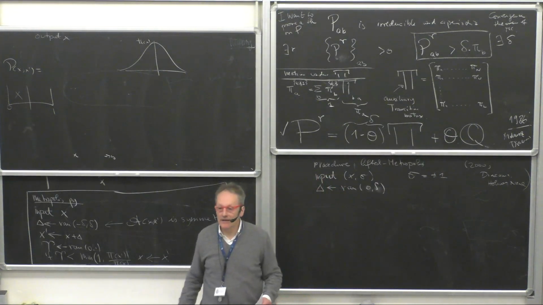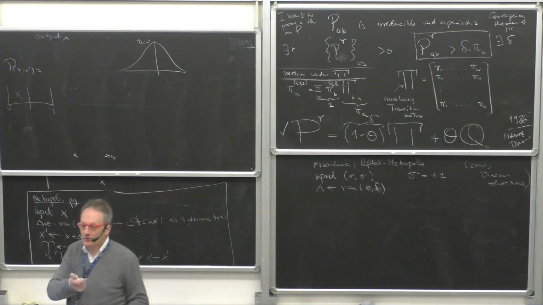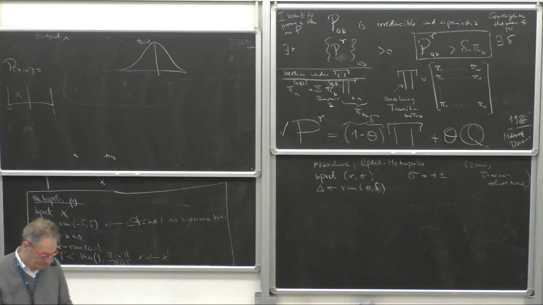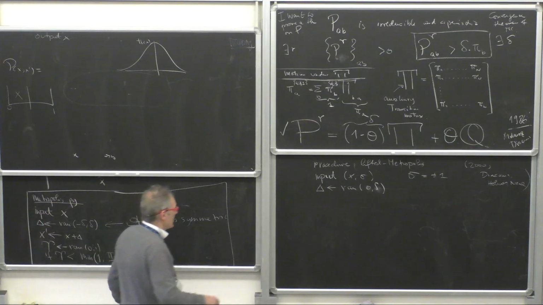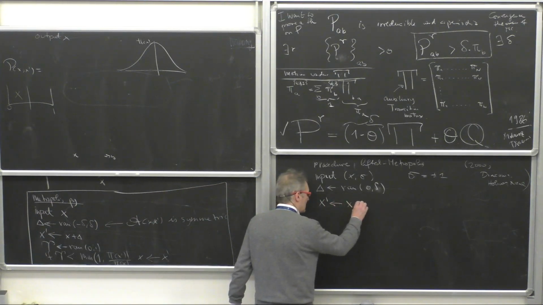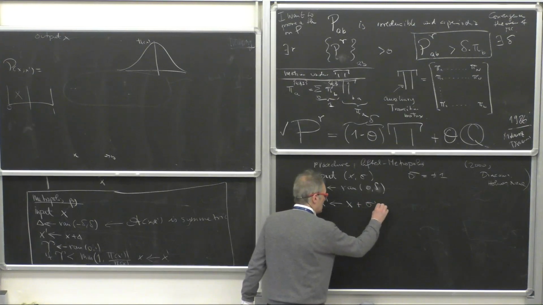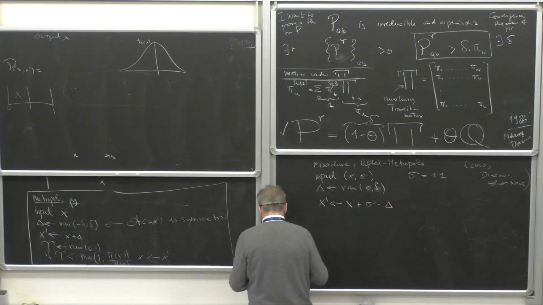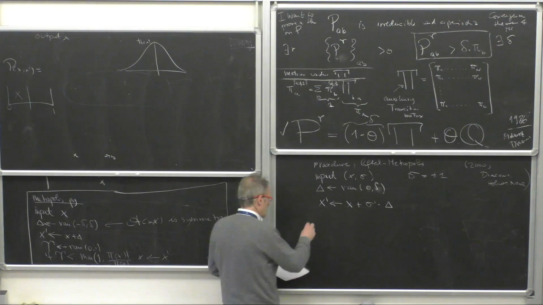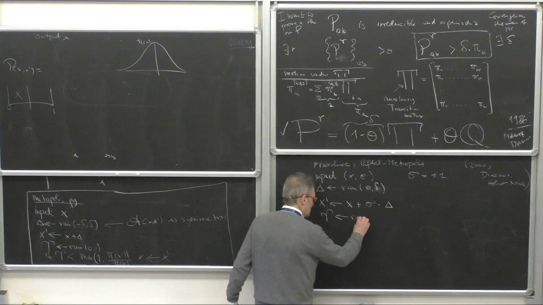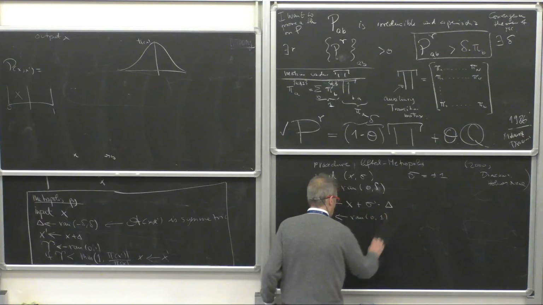So now I take a random number from 0 to little delta. I only move in the positive direction. And x prime is x plus sigma times delta. Epsilon is run from 0 to 1.